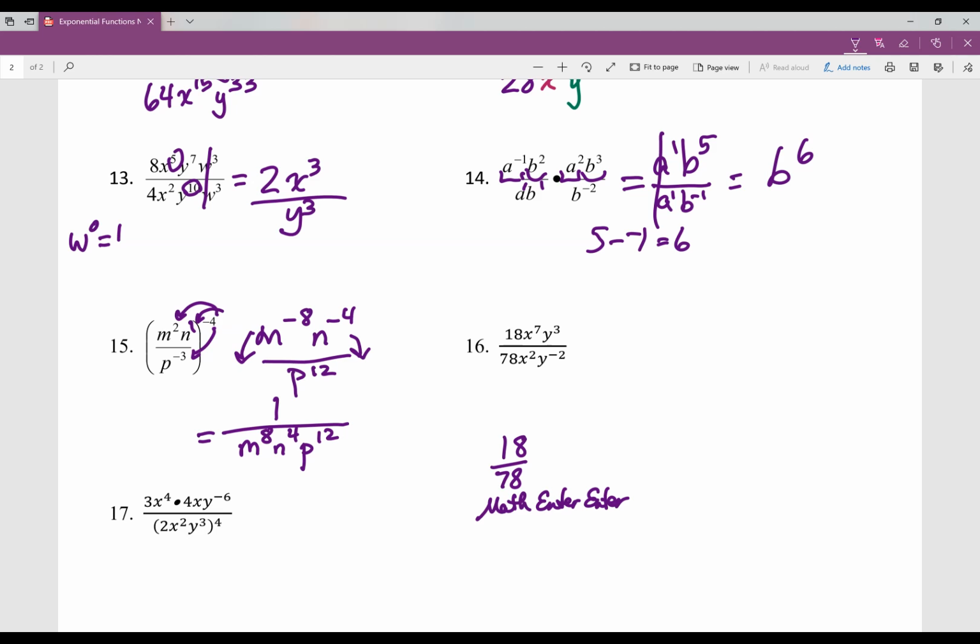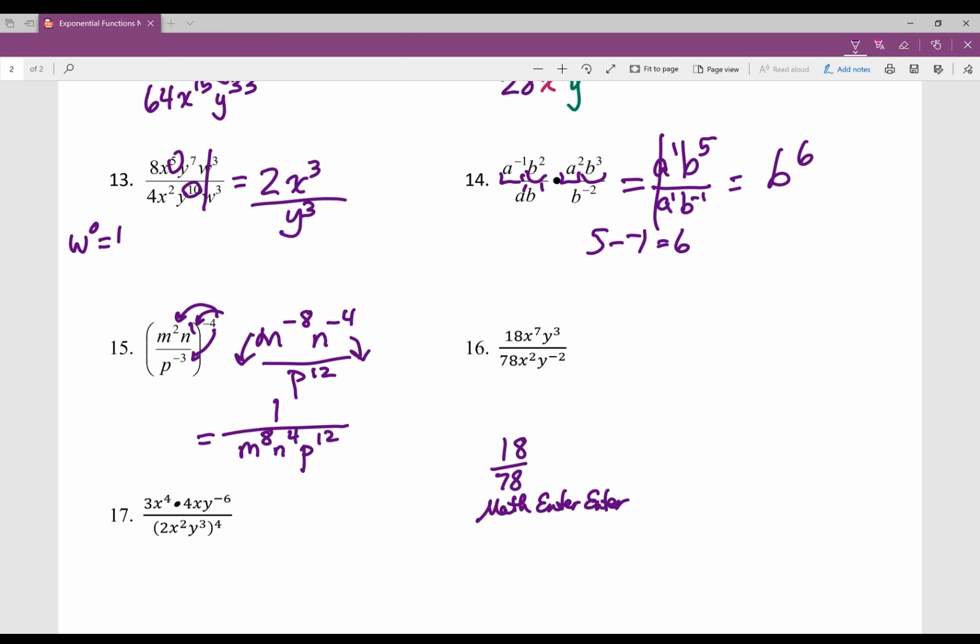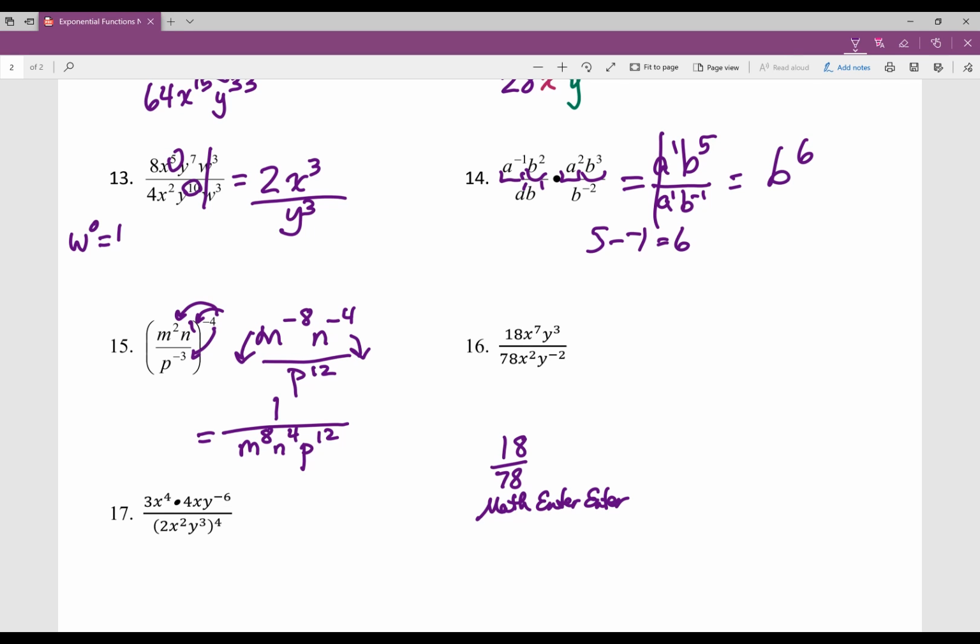In Desmos, let's see if I can get Desmos up on the screen here. I don't think you can see me on Desmos, so I'm going to go back. In Desmos, when you type it in, on the left side of where you entered the number, there's a fraction bar.